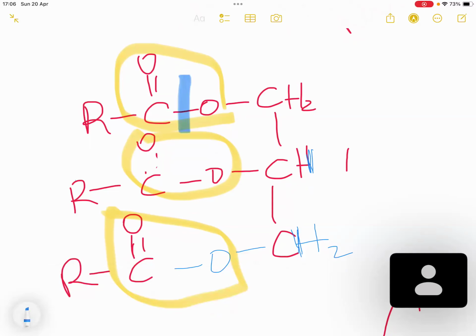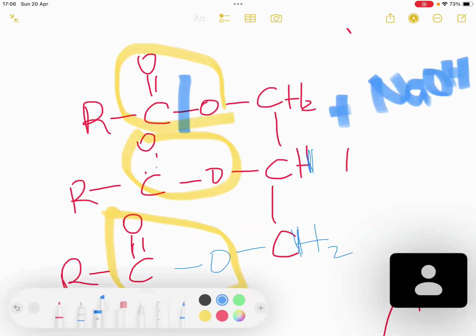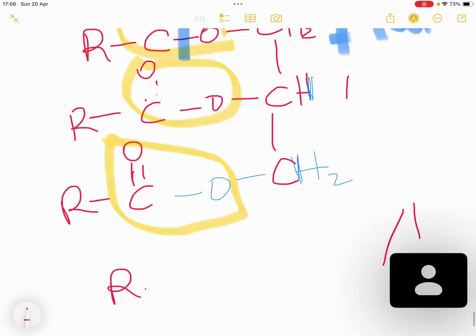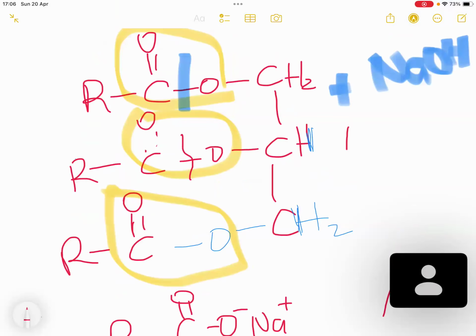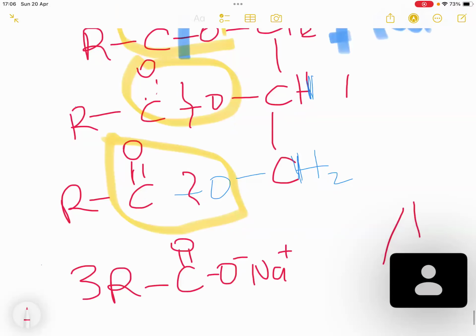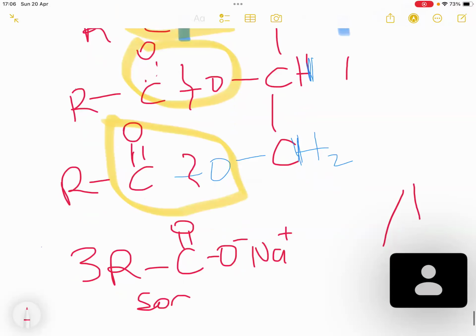If I'm reacting it with NaOH, when the molecule splits right here, the part with the acid, which is the C double bond O, so I will have R, C double bond O, I'm going to add ONa. So it's 3 sodium hydroxide. So all of these are going to form RCOONa. So it's 3 RCOONa I'm going to form, and this is going to be my soap.